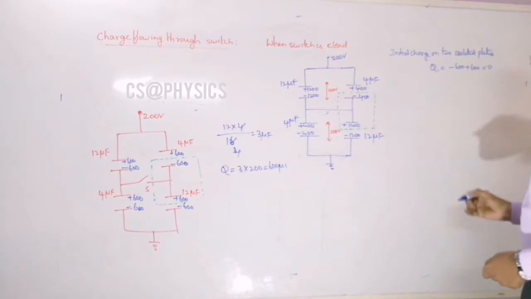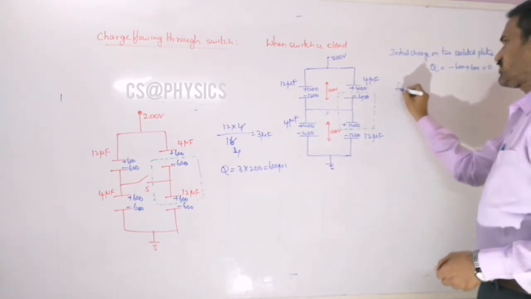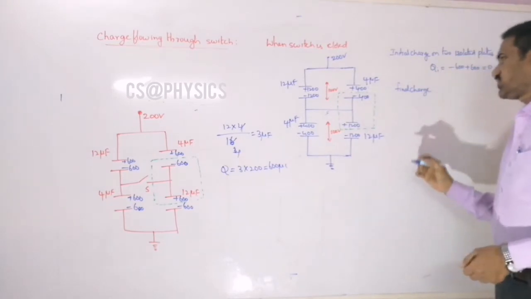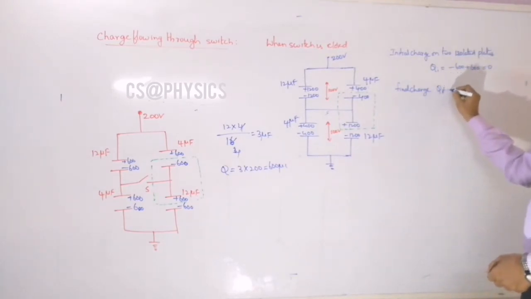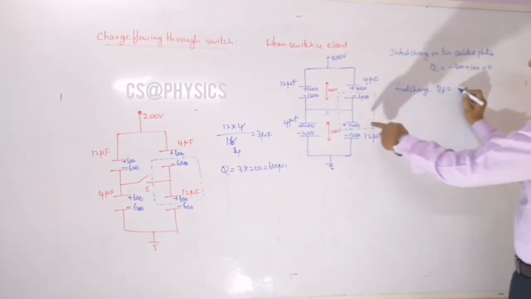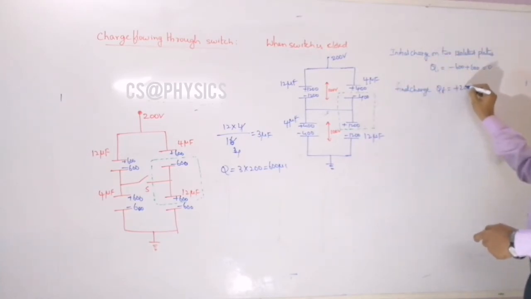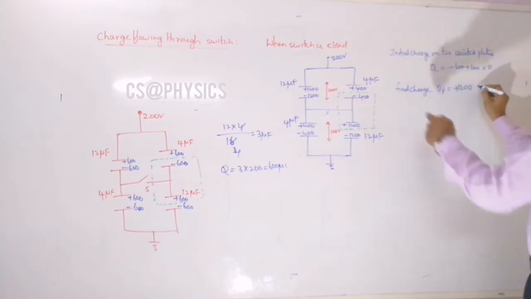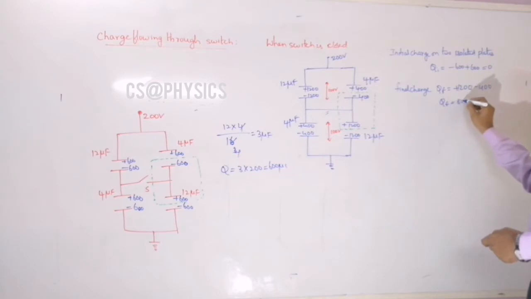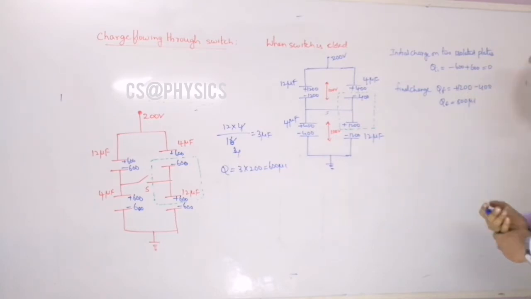So initial charge on that will be 0. Now the final charge on that capacitors, we can write Q final is equal to plus 1200 and this is minus 400, right? And so this value is 800 microcoulombs we are getting here.